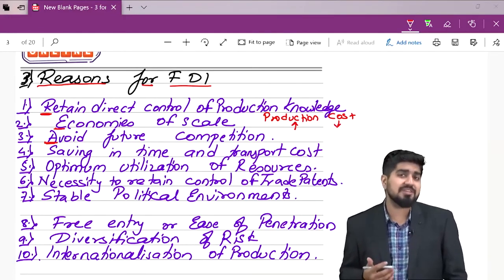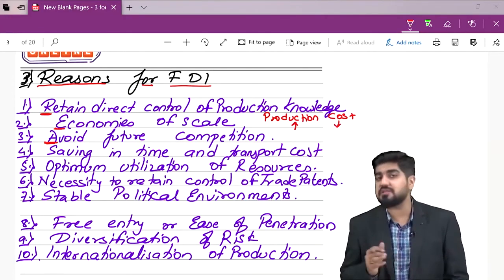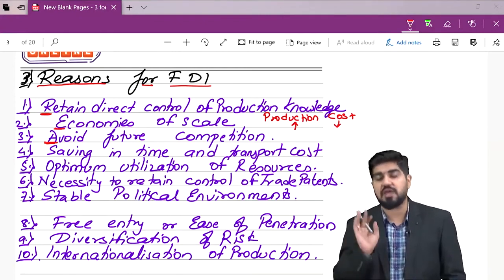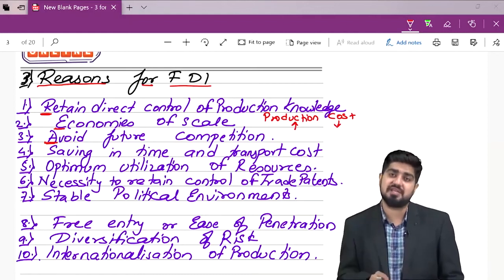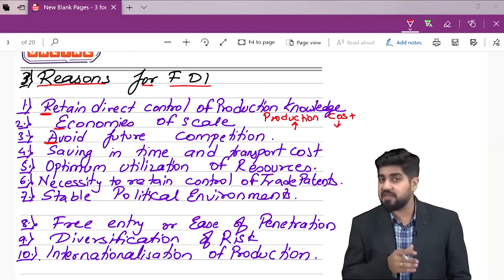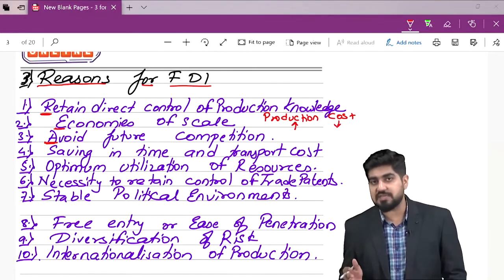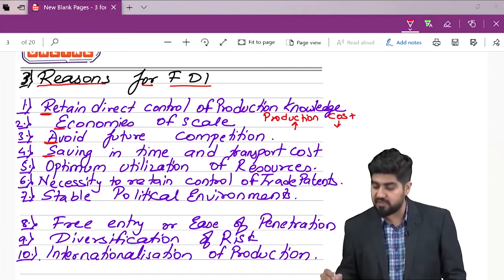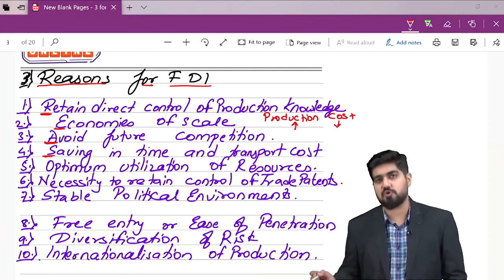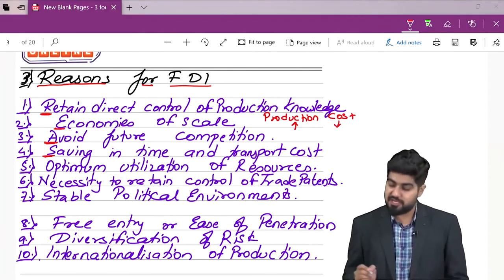So rather, what can Amazon do? Amazon can enter into Indian market, start with the Amazon.in and start selling the products in our country itself. Hey, if they are coming here investing, don't you think it is FDI? So yes, FDI will be attracted if you want to save time as well as transport cost. That's our fourth point.